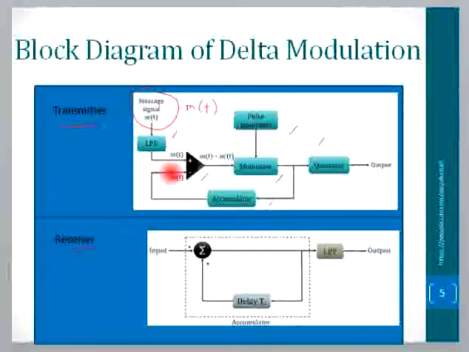The output of the low pass filter is given to the comparator unit, which compares the message signal m(t) with the arbitrary signal m'(t), the previous signal. Then it subtracts m'(t) from m(t), and the difference signal is the input of the product modulator.